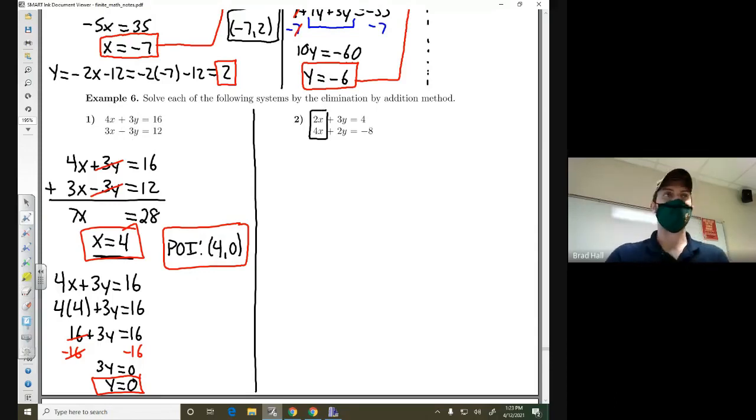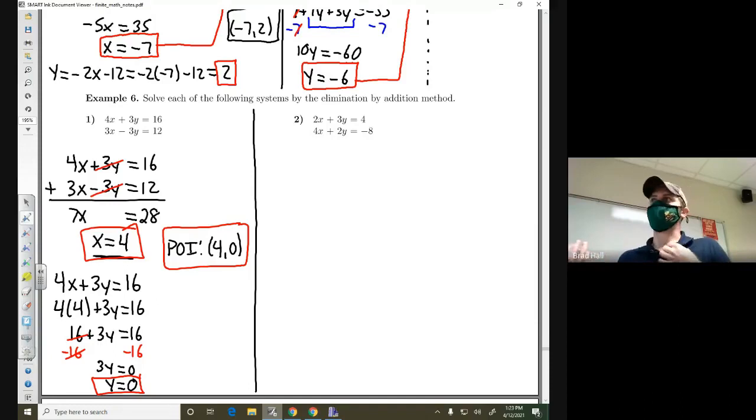There's no 4 and -4. There's no 3 and -3. But if we can force that to happen, then we can do that same process. So what we need to do, we can multiply any equation by any number we want, provided we do the same thing on both sides of the equation.